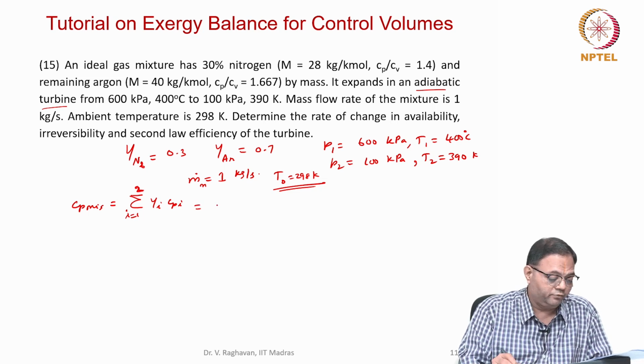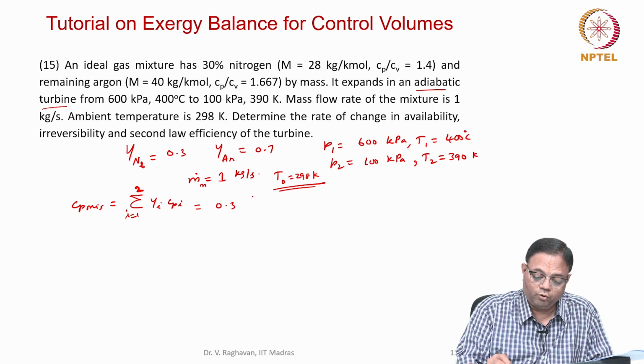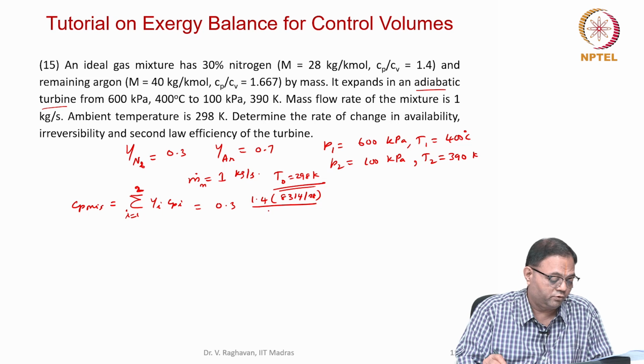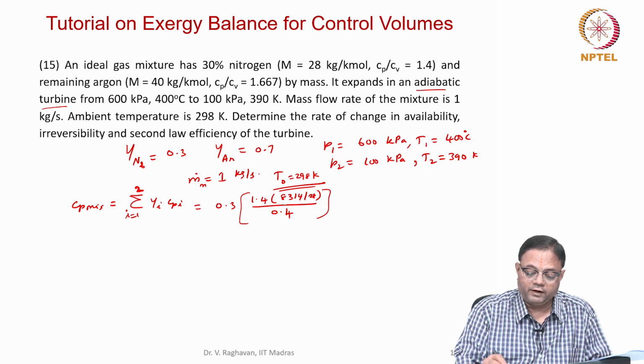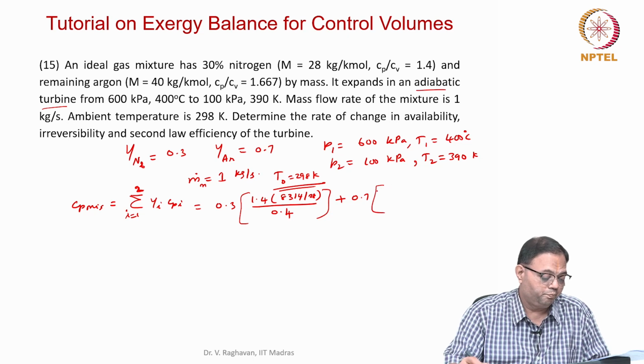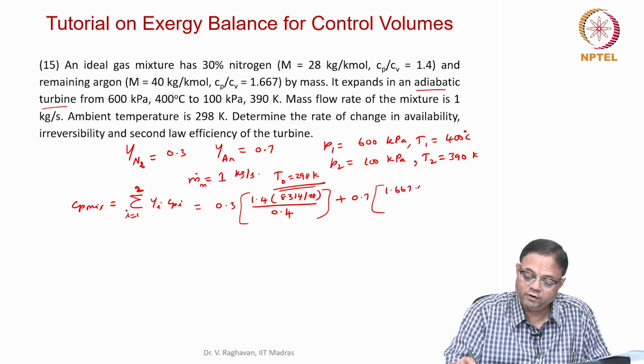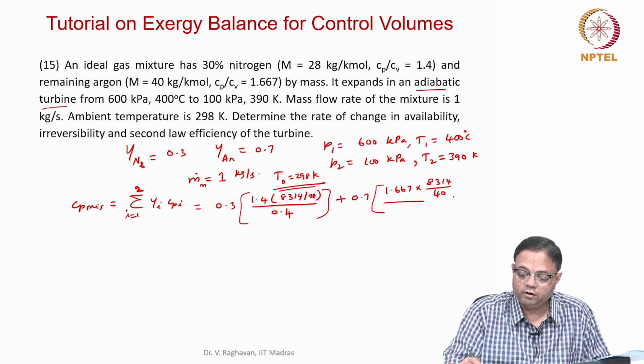So that can be written as first 0.3 into gamma R by gamma minus 1 for nitrogen, plus for argon 0.7 into 1.667 into 8314 divided by the molecular weight, that is gamma R divided by gamma minus 1.